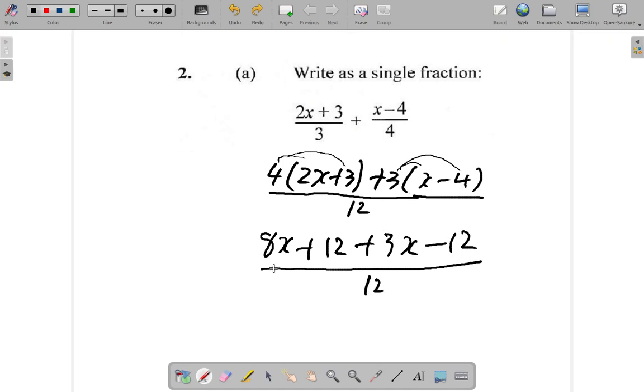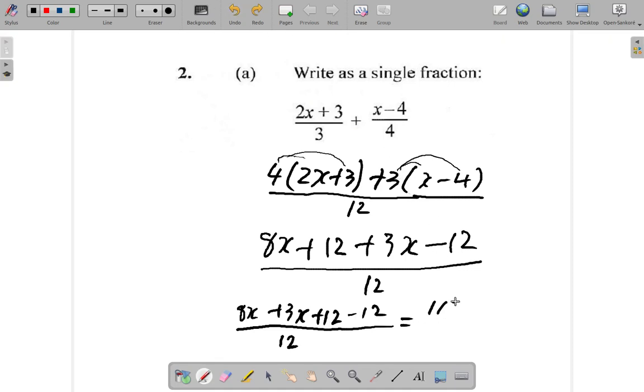So then if you put like terms together, 8x plus 3x plus 12 minus 12 all over 12. So what does this give you? 8x plus 3x is 11x. 12 minus 12, that's gone.